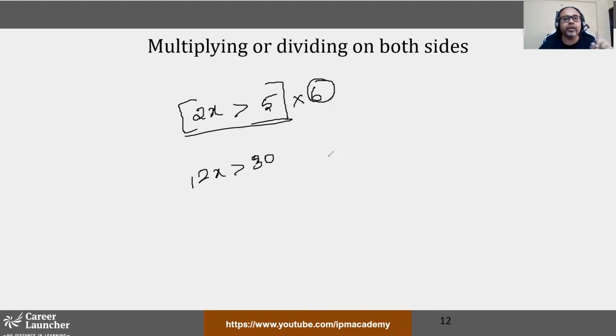However, if you multiply 2x greater than 5 by negative 6, you will get negative 12x and negative 30, but when everything is multiplied by a negative, the sign will change. So the thing to keep in mind is that for multiplying or dividing, the rule is the same.